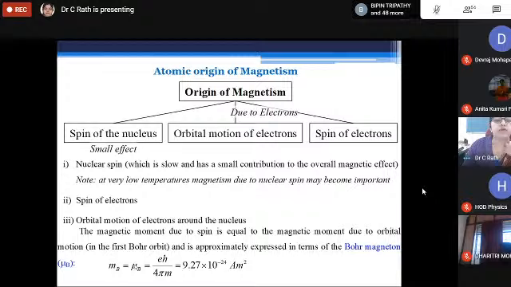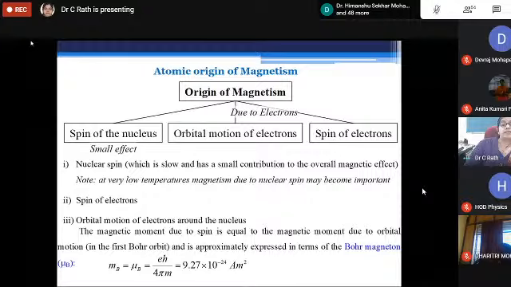But there is another effect one can find when you are applying a magnetic field. So without a field, you have a spin of the electron and orbital motion, but when you apply a magnetic field, there is an induced effect. And this induced effect is always present.